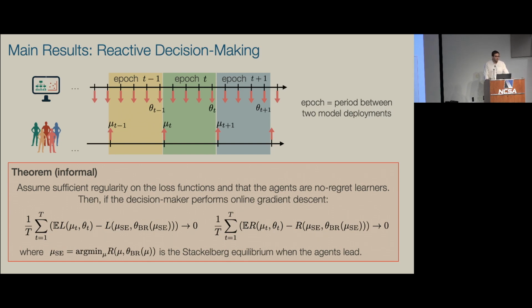I agree it's a strong assumption, but it's kind of necessary, in that individuals have no effect on the movement of a population. So a population can only really affect a learning algorithm through some kind of aggregate motion, and that's assumed to be no regret. Exactly, the aggregate is assumed to be no regret.